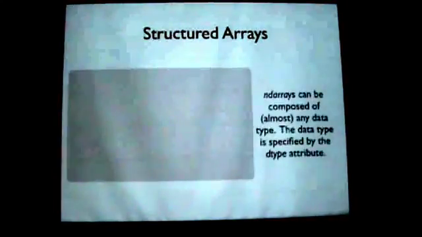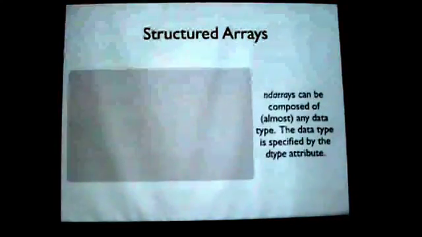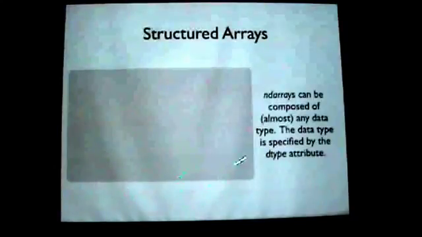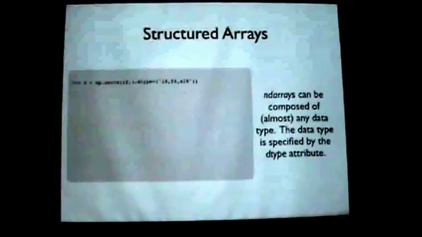All right, structured arrays. So everything that I've shown you so far has been pretty simple in that the dtype has been an int or a float or something singular like that. But you can put together very complex data types into each of your individual items in an array. It need not be that straightforward. These are generally called structured arrays, and you can specify that with the dtype.